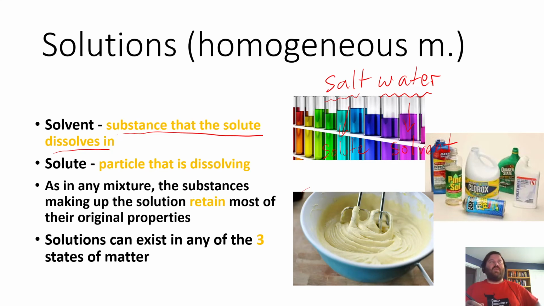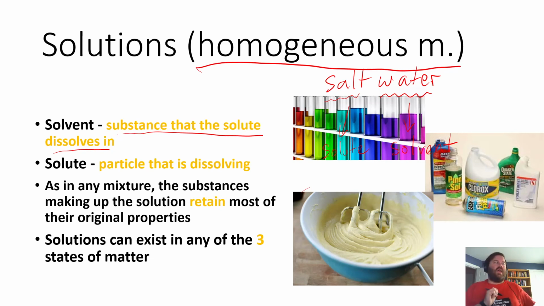We mostly talk about solutes and solvents in terms of a solid or liquid being dissolved in another liquid, but like we were talking about, the metal alloys are solid unless you melt them. Those are also technically solutions because they are homogeneous mixtures.